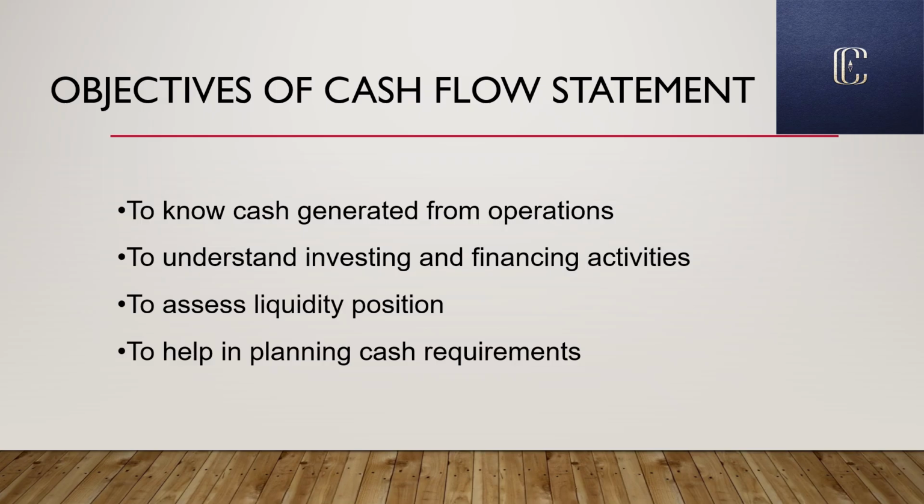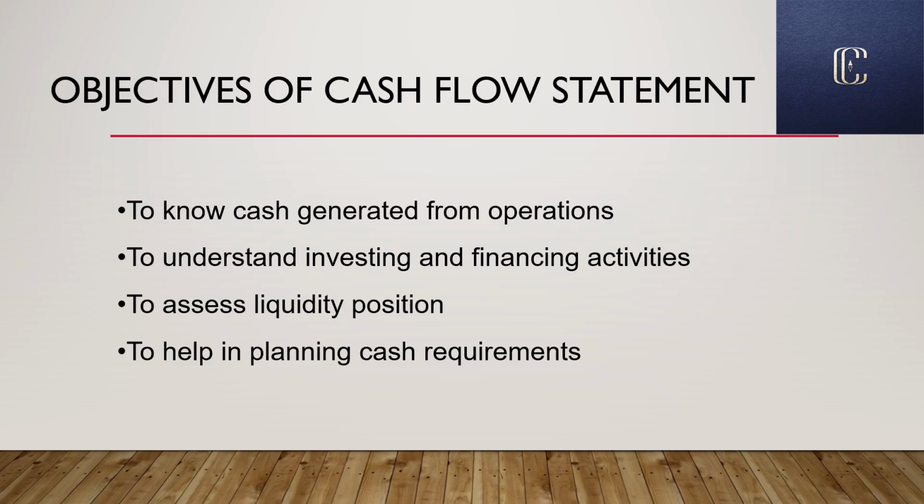Second part of the second objective is the financing activity. Financing activity includes issue of shares, taking loans from the banks, repayment of loans, dividend payments. This tells us how the company is managing its capital, whether it depends heavily on loans, whether it is financially stable or not.